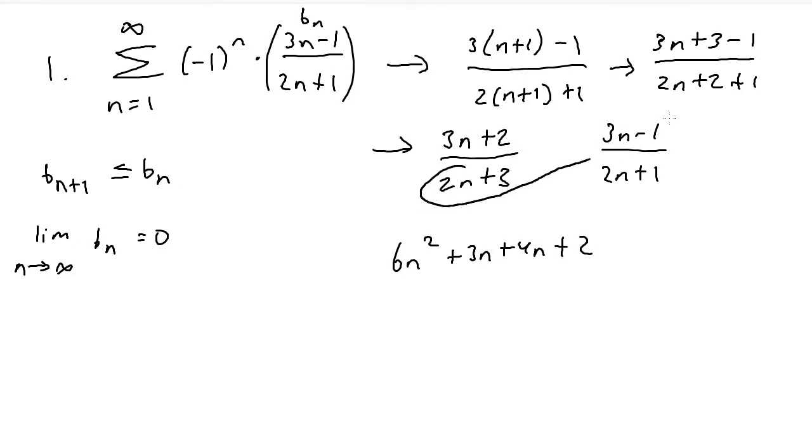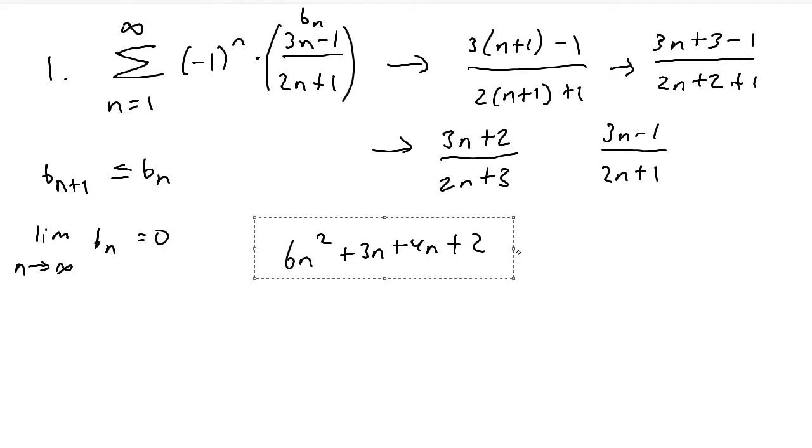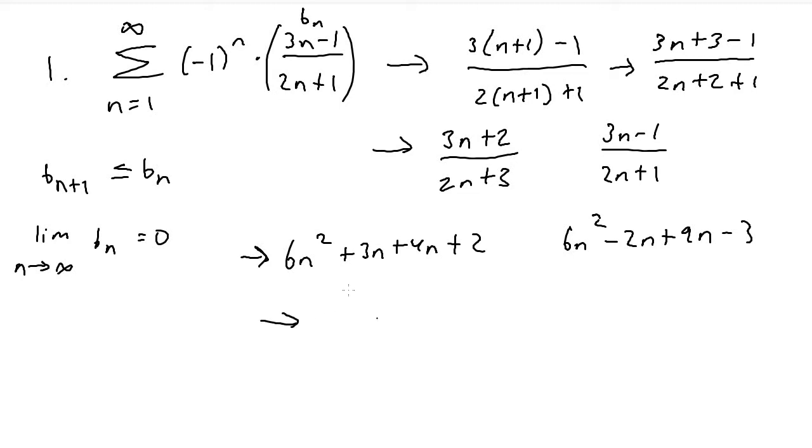And when I multiply 2n plus 3 times 3n minus 1, we'll get 6n squared minus 2n plus 9n minus 3. So when I simplify, we'll get 6n squared plus 7n plus 2 on the left hand side, and on the right hand side 6n squared plus 7n minus 3.